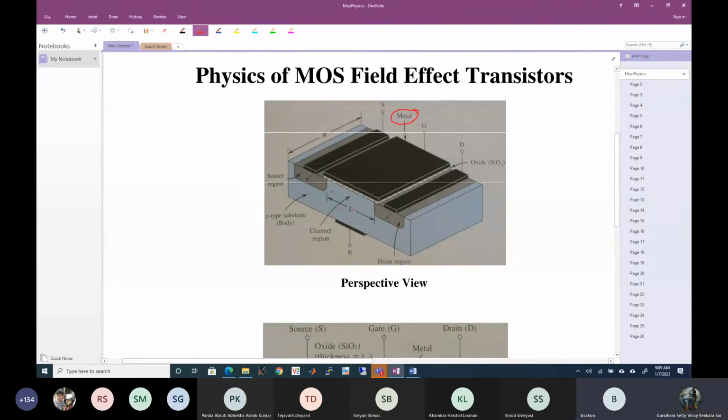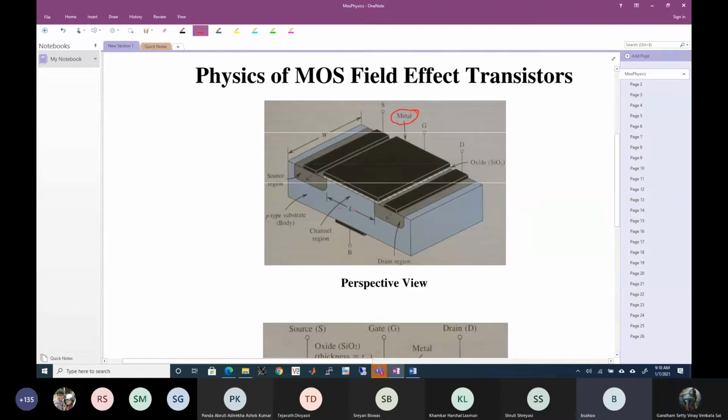So, metal oxide semiconductor. Now field effect transistor. Keep in mind a transistor does a transfer function and it converts a voltage into a current. So the transistor is a voltage to current converter. Now the field effect, the way it does that conversion from voltage to current, is due to electric field.